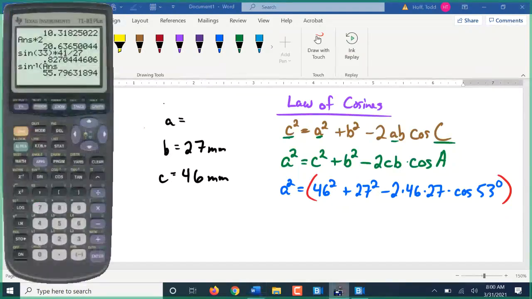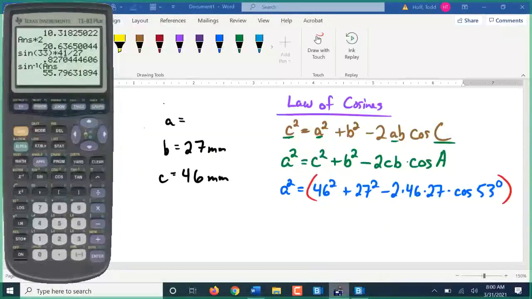So we're going to do 46 squared, plus 27 squared, minus 2 times 46 times 27 times cosine, in degrees. 1350.09. Now that is A squared.